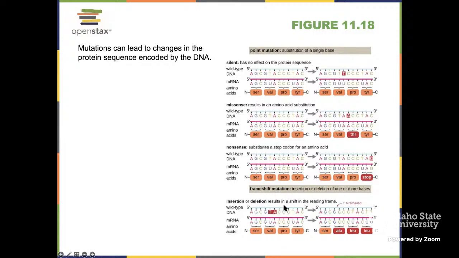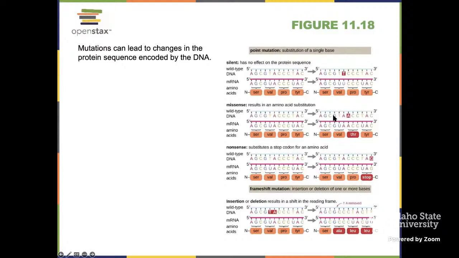These next ones are a little bit different, and it could be more than just a point mutation. We call these frame shift mutations, insertions or deletions. Sometimes we describe it as an indel to use both words together. And this is inserting or deleting one or more bases.